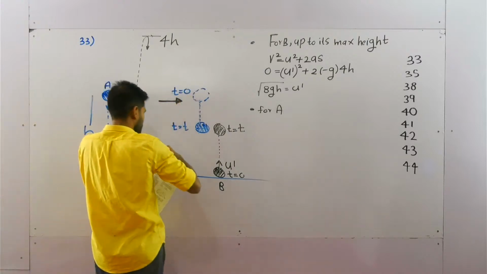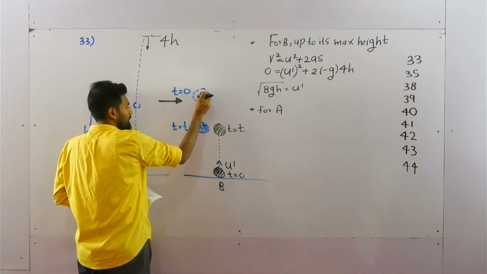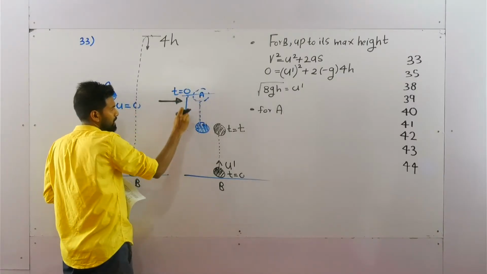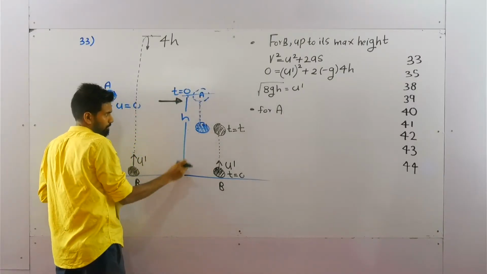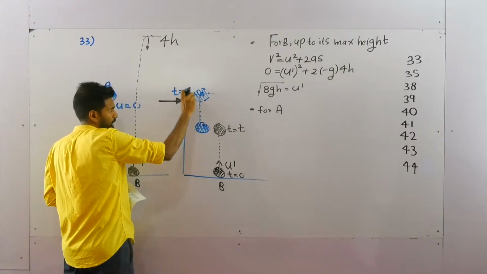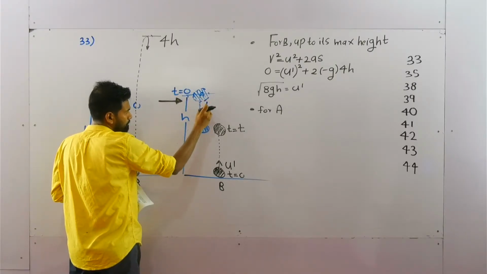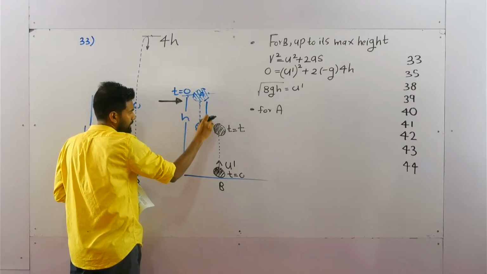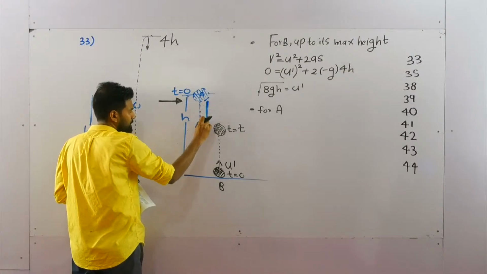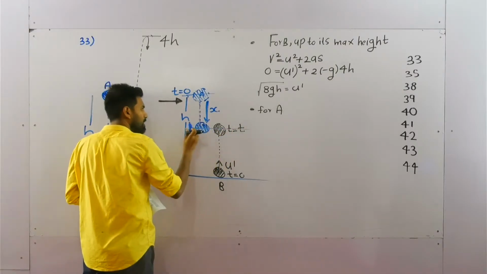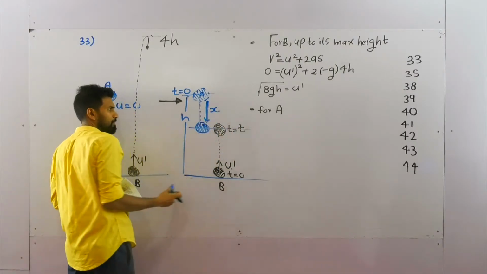Initially, A is at height h, and it was dropped from there. I'm saying it is moving a distance x downwards when it crosses the capital B stone.